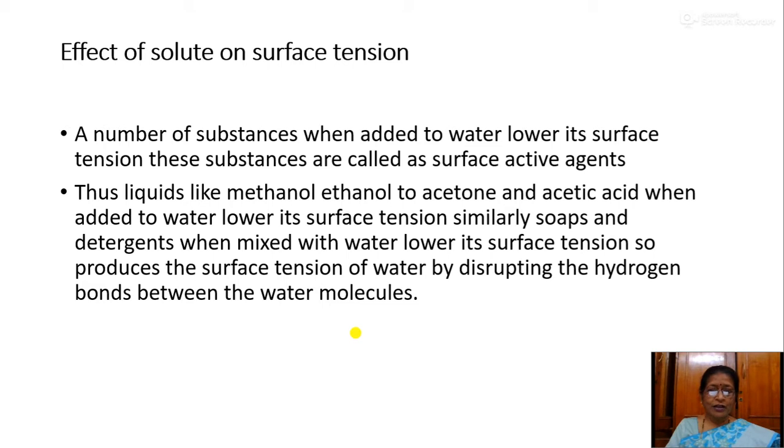You would have observed this when washing clothes. When soap or detergent and water react with the cloth, first there will be a separation of the dust particles by the water molecules, because it lowers the surface tension of the water.